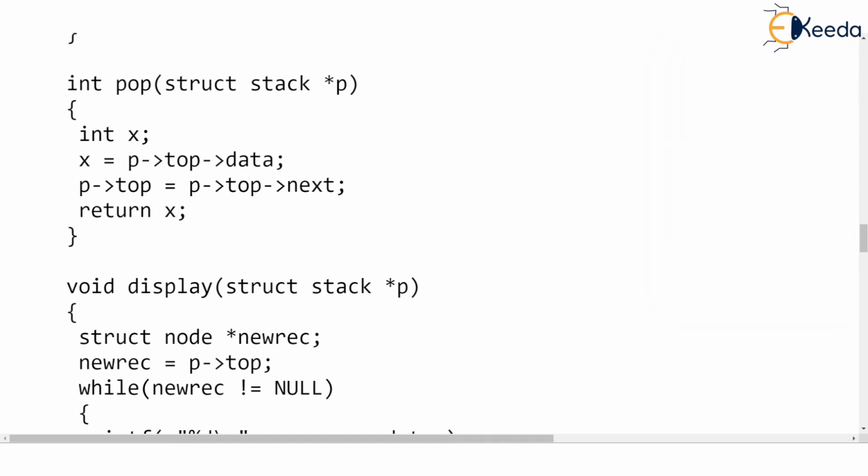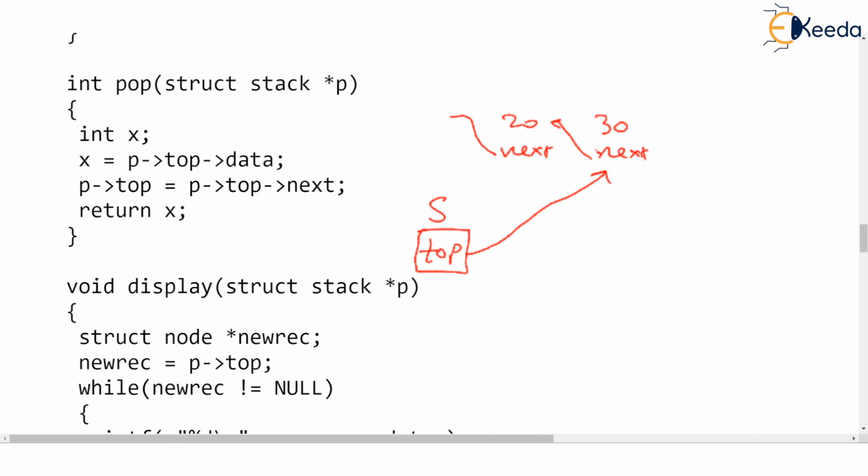Let us say s top points to 30, which has next, and next points to 20, which has next, and next points to a node which has 10, and this next is null. As you know, all these are nodes.